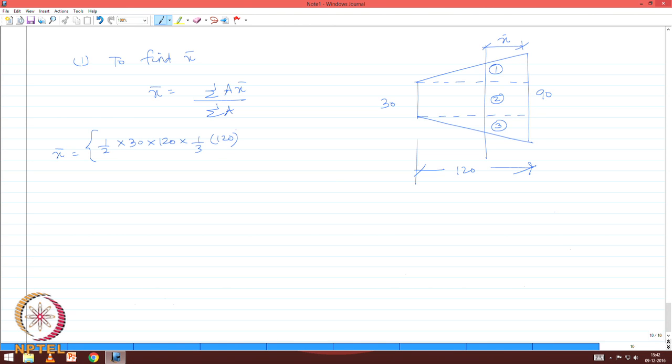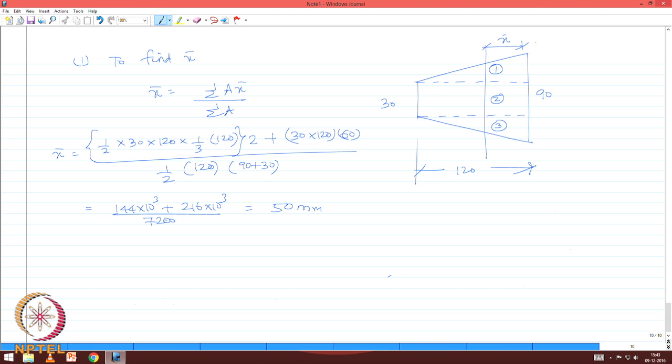There are two such pieces, piece number 1 and 3 has the same dimension, plus the rectangle which is 30 by 120 whose centroid is 60, the whole divided by the complete area which is half h a plus b, which comes to be 144 10 power 3 plus 216 10 power 3 by 7200, which gives me x bar as 50 millimeter.